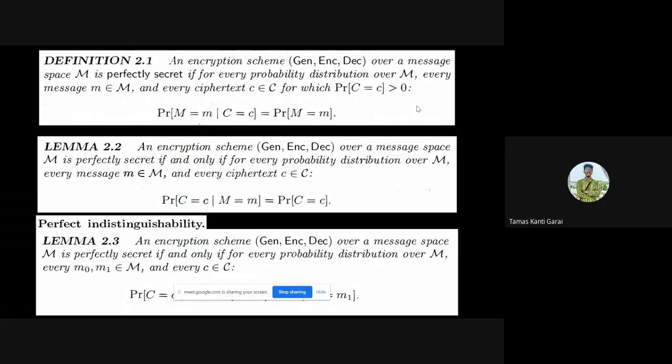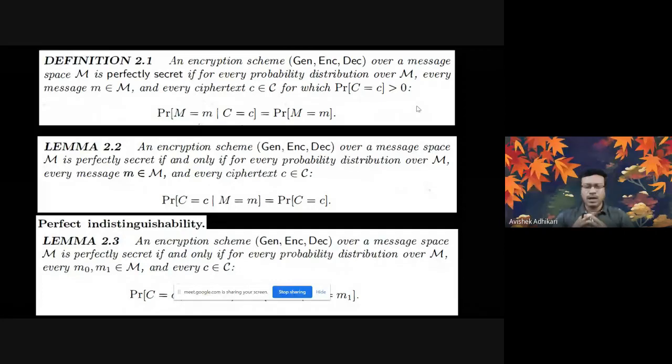Okay. Yes, sir. Okay. So there is an equivalent definition of the same thing, and it says that an encryption scheme over a message space M is perfectly secure if and only if for every probability distribution over M, every message M, and every ciphertext C, you can use Bayes theorem to convert it.